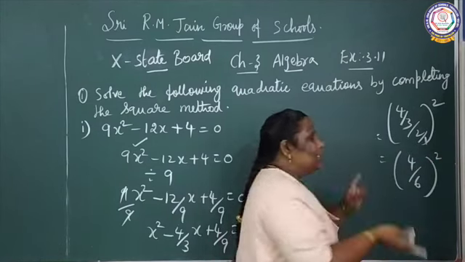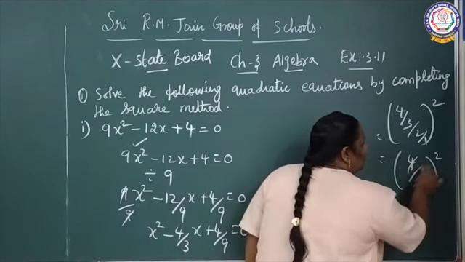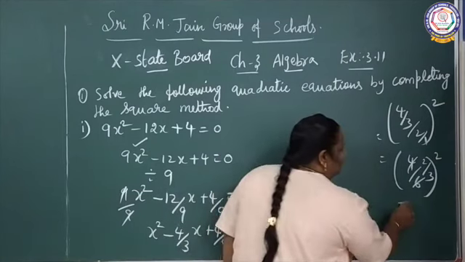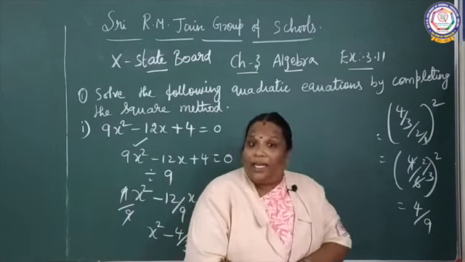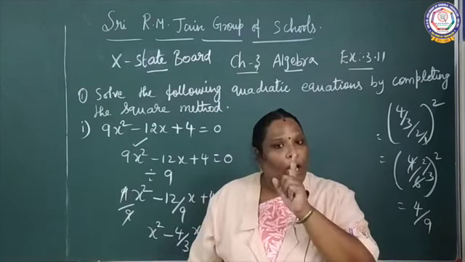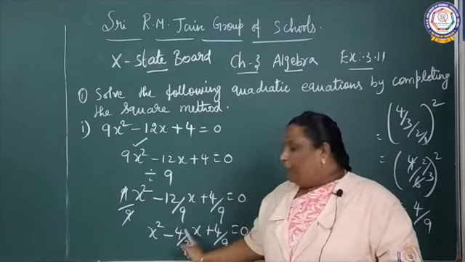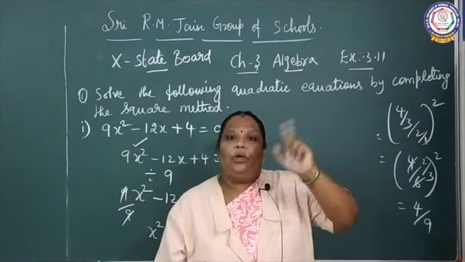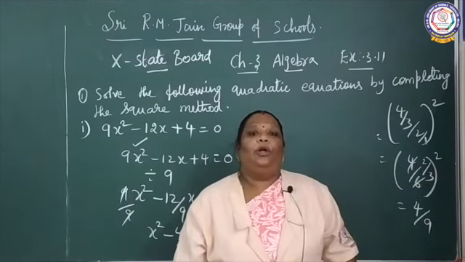By 1, it will reciprocal. It will reciprocal 4 by 6. What is the answer? 2 by 3. When we square 2 by 3, we get 4 by 9. Once again I will repeat: take the coefficient of x, the number alone, because when squared it becomes plus. 4 by 3 by 2 the whole square, 2 by 1 when reciprocated becomes 1 by 2.